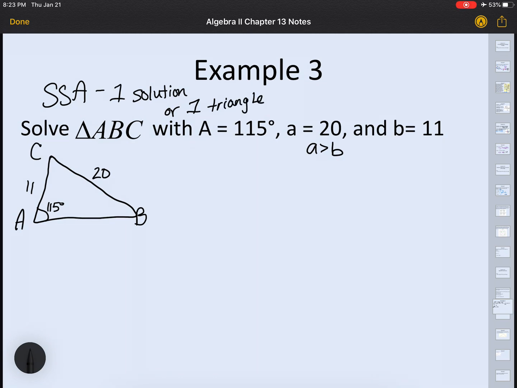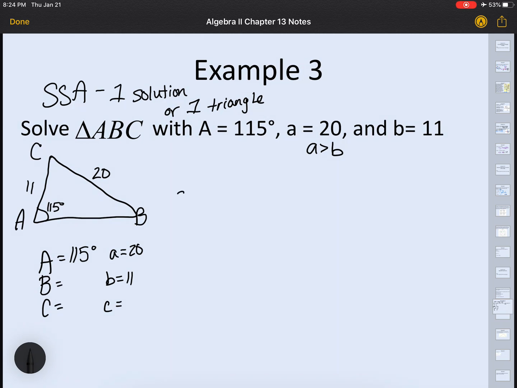Okay, so we know only one angle. That's angle A. And its side length was 20. And we know the side length of little b was 11. But we don't know anything about C's stuff. So we could first find out what angle B is by the law of sines.